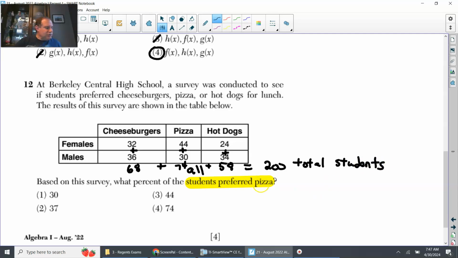So if you have 200 total students, that number goes on the bottom, the total. So how many students preferred pizza? 74.